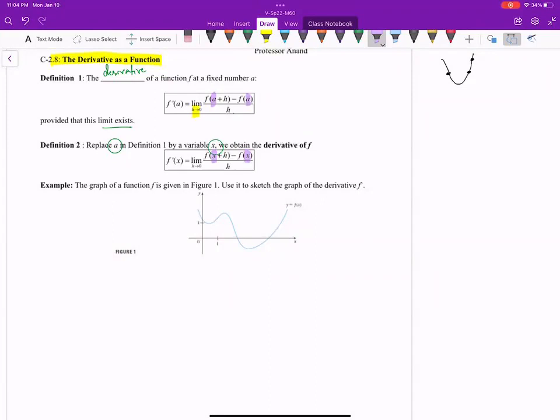So now this f prime of x becomes a function, because the slope itself becomes a function because of its varying nature from point to point. The graph of a function f is given in the figure. Use it to sketch the graph of the derivative function f prime.